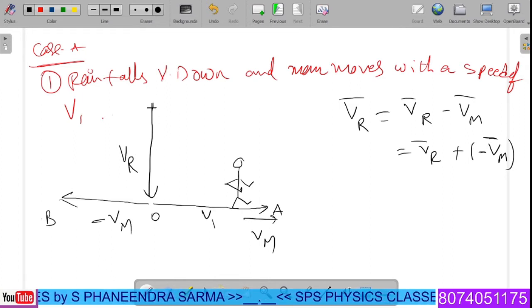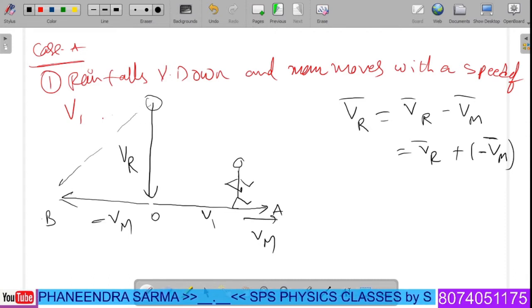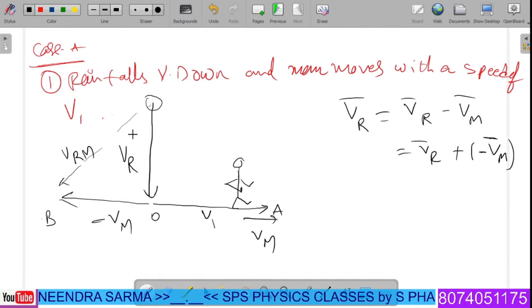Now, how do we add these two vectors? Addition of vectors is simply done from the starting point of the first to the ending point of the last, and you represent it like this. This is the direction of the resultant, VRM. We know that a parallel shift of a vector does not influence the system.